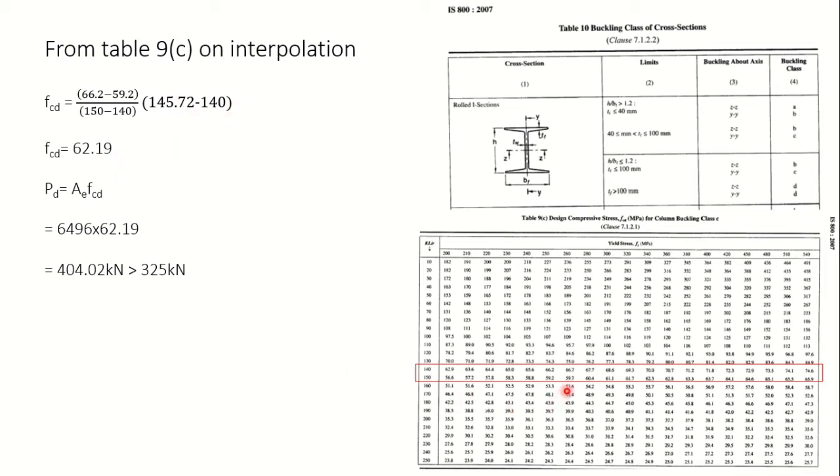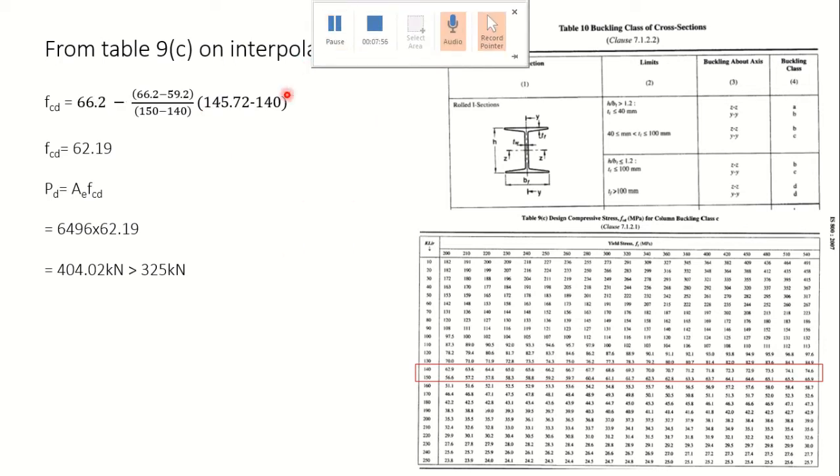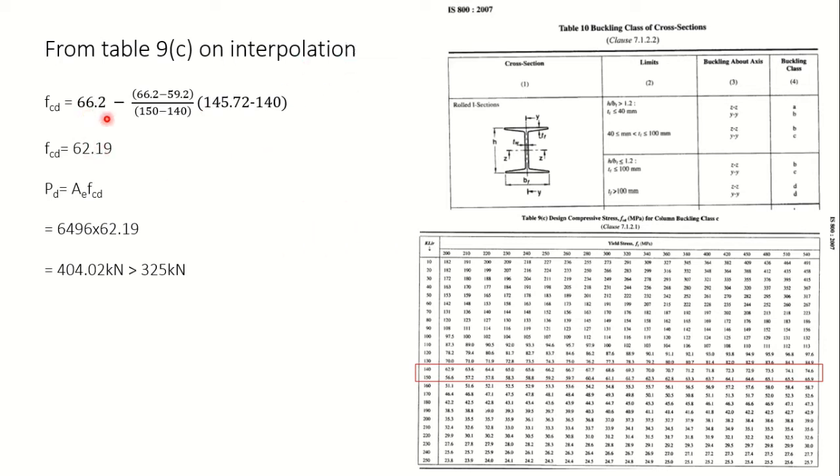This fcd value is reducing with increasing KL by r, so 66.2 for 140 minus whatever we have interpolated for this 5.72. On doing that, the value of fcd we will get is 62.19 Newton per mm square.